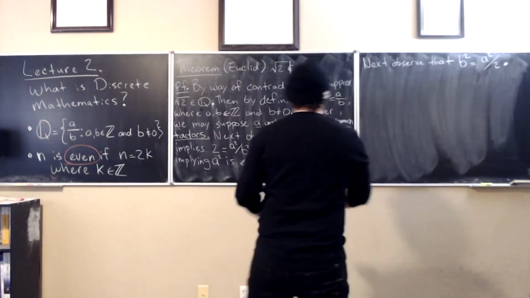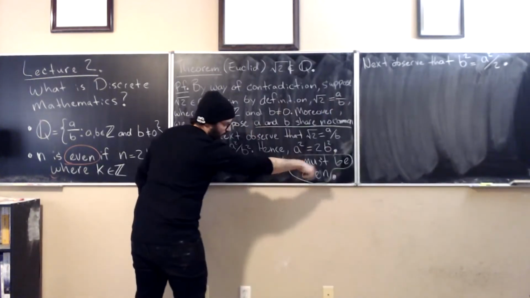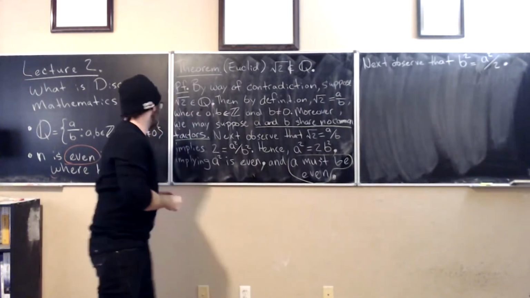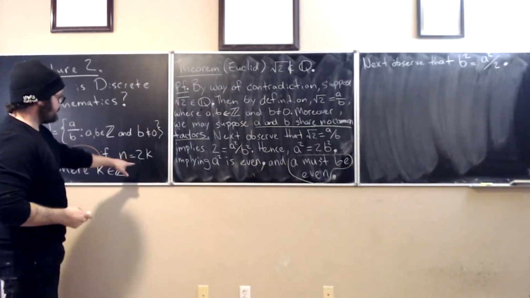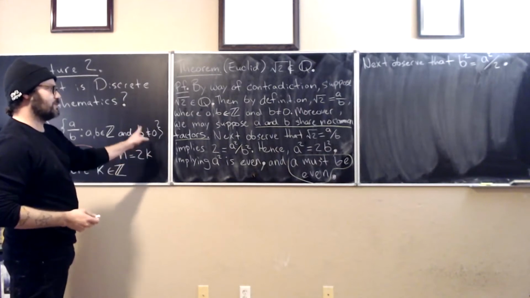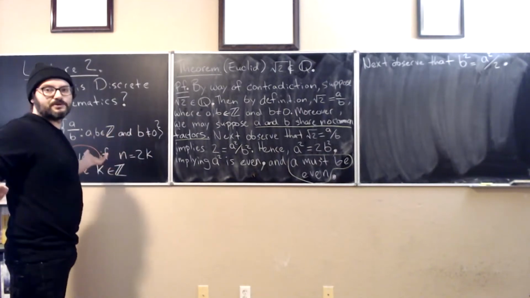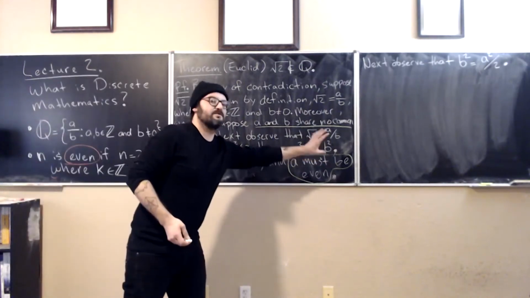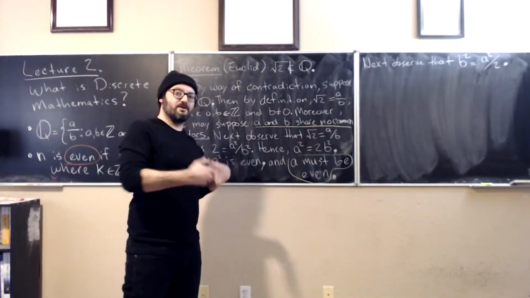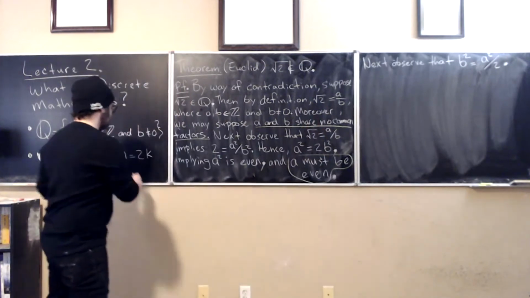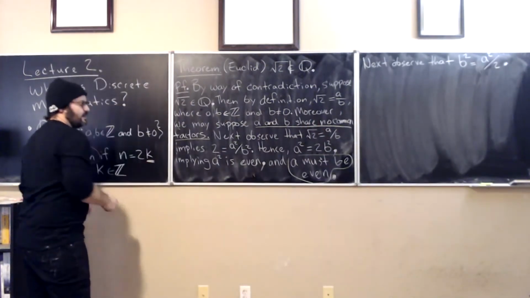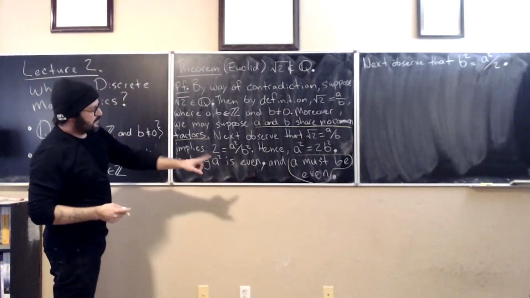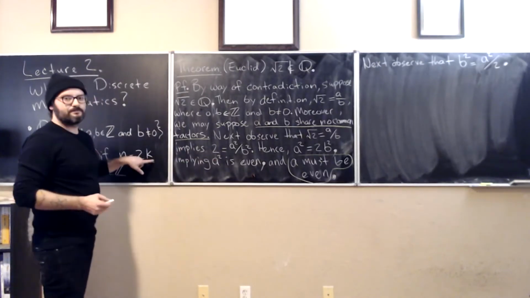Well, I know by this fact right here that a is even, which means if it's even, it's 2 times some integer. I don't know what that integer is. I have no idea what that number k is, and I honestly don't care. I just know that a is equal to 2 times something.